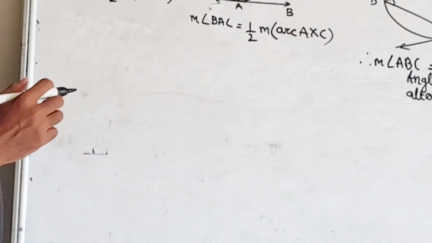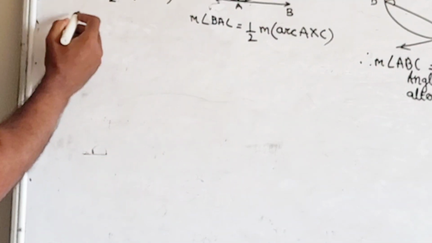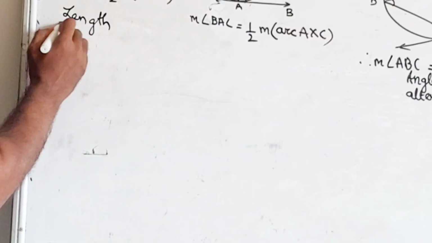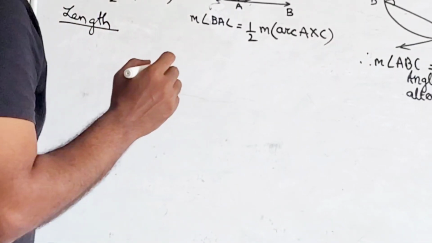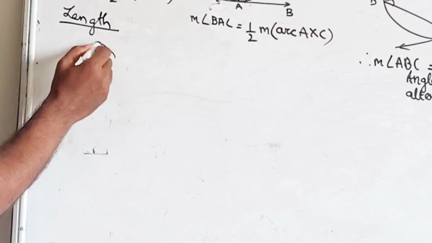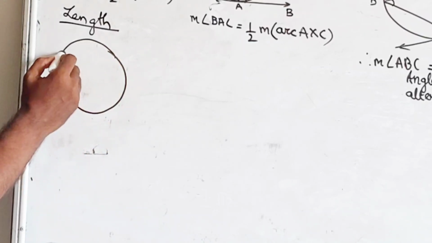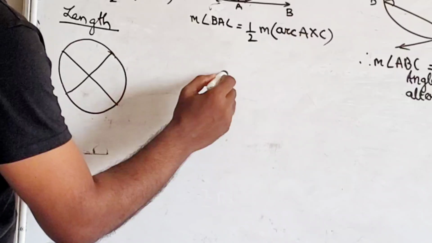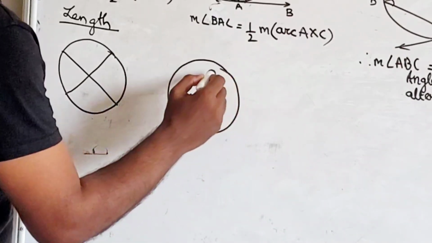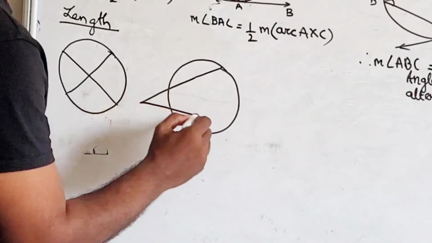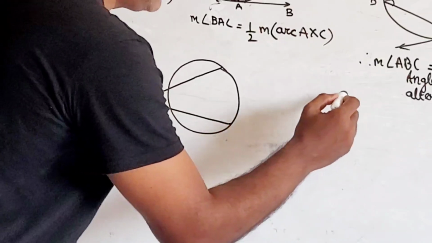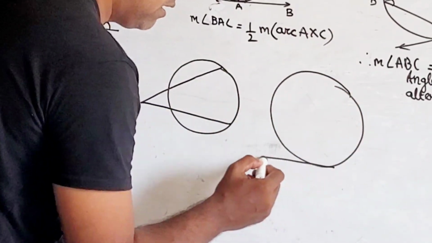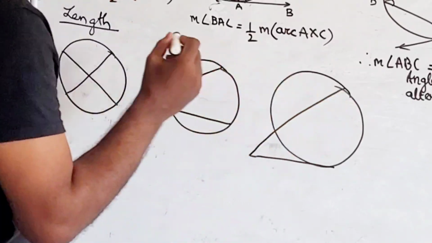There's another concept which is very common in the exams, and students don't do the sums properly because they don't know the property. It is about the lengths when secants intersect in the interior, secants intersect in the exterior, and when there's a tangent and a secant.